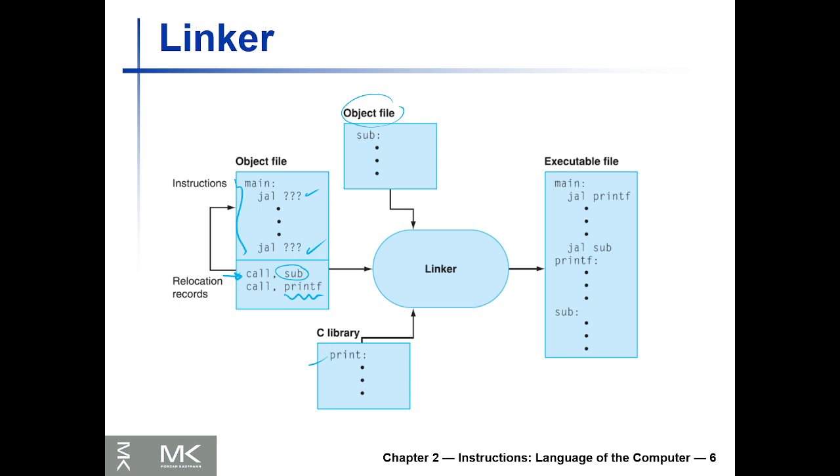So the linker will combine all these object files and definitions and gather them all into one file. So now when you make the jump here to printf, you're gonna go here. When you make the jump here to sub, you're gonna go here, so it knows exactly where to go. And that's basically the executable file that the computer can execute.